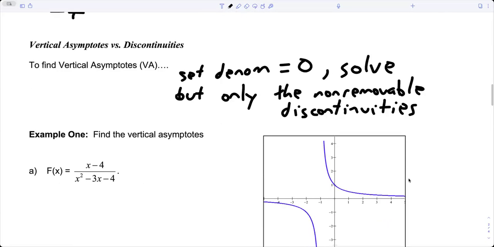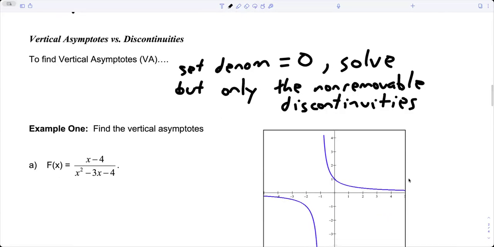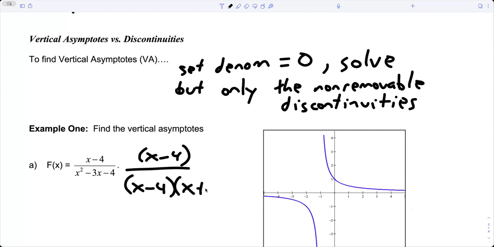Okay, so look, this says find the vertical asymptotes of the function. I have x minus 4 over x squared minus 3x minus 4. So let me factor the denominator. That's going to give me x minus 4, x plus 1.